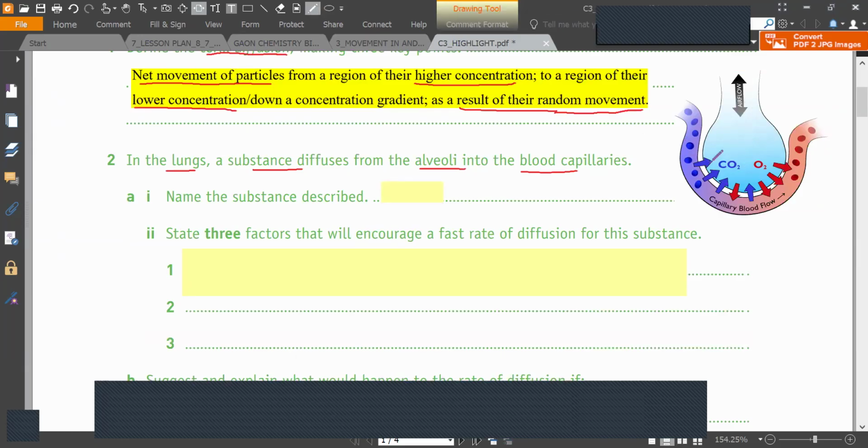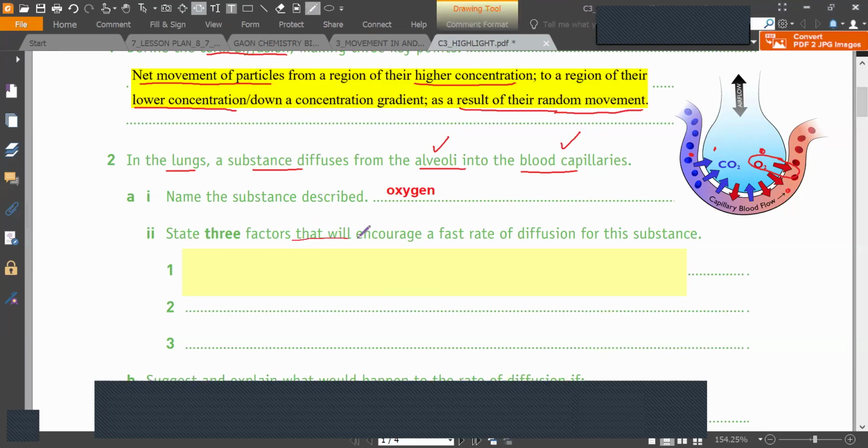Carbon dioxide is from blood to alveoli, oxygen from alveoli to blood. What the question is asking about is from alveoli into the blood, so it's this direction here. So we are talking about movement of oxygen.